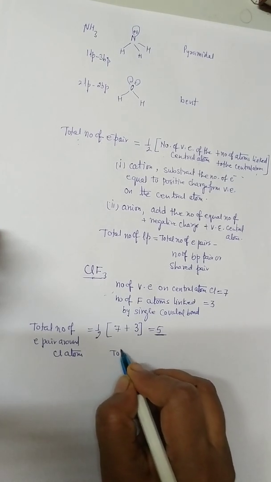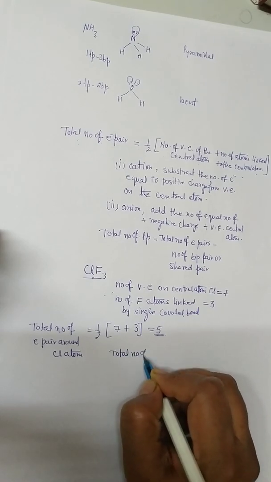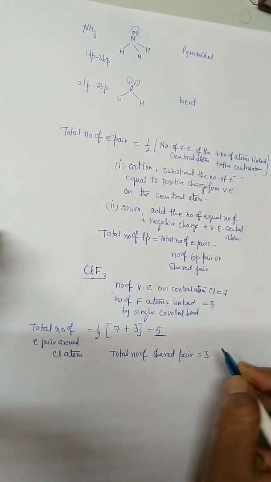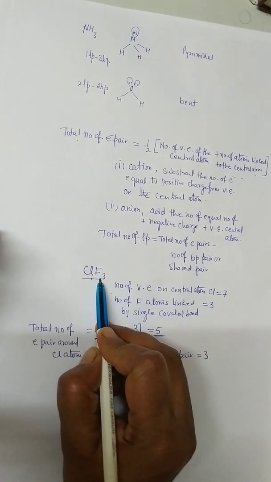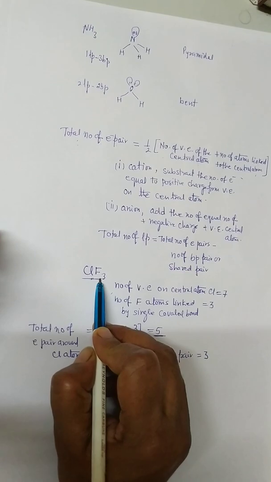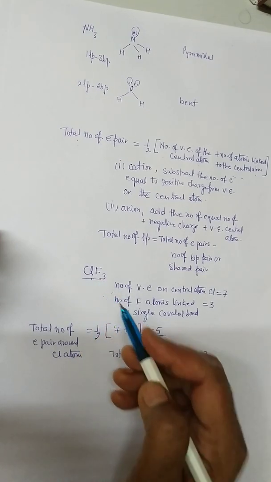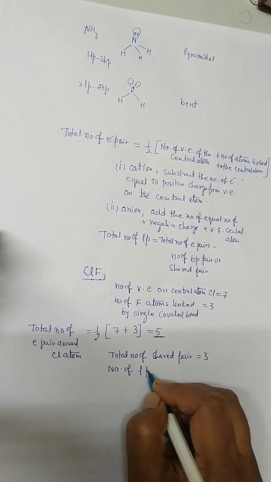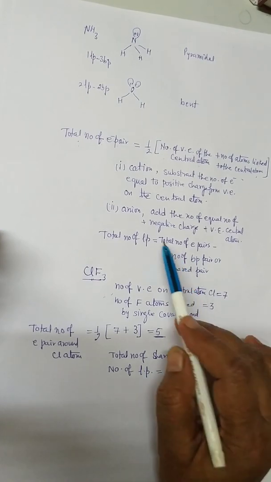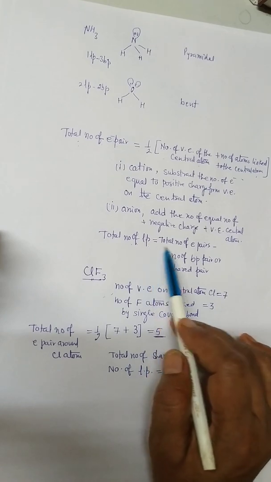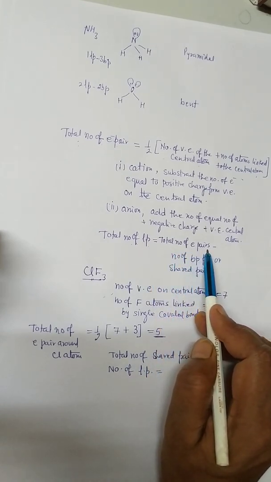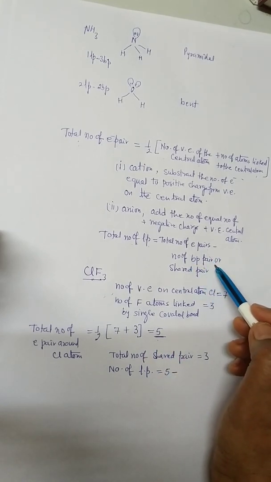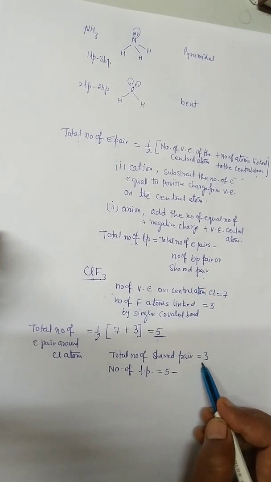And the total number of shared pairs is equal to 3, that is the number of surrounding fluorine atoms. Then the number of lone pairs is equal to what the formula I have given: total number of electron pairs, that is 5, minus the number of bond pairs or shared pairs, which is 3.